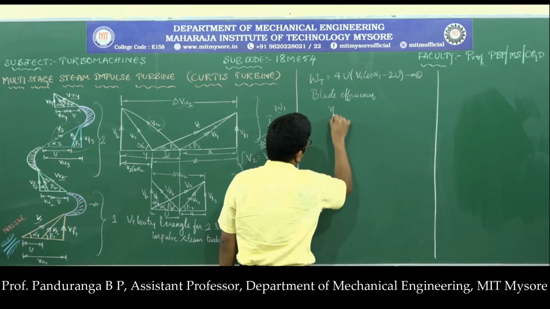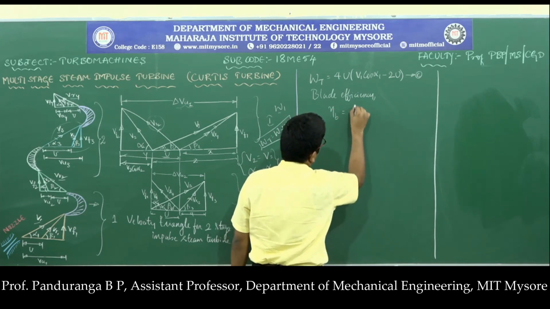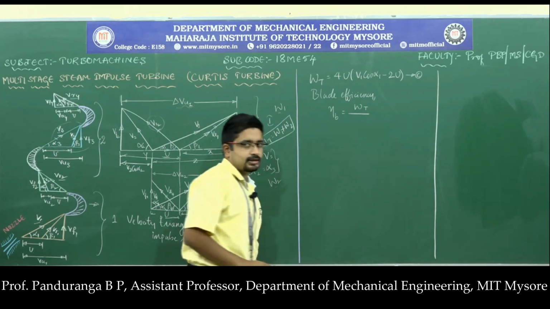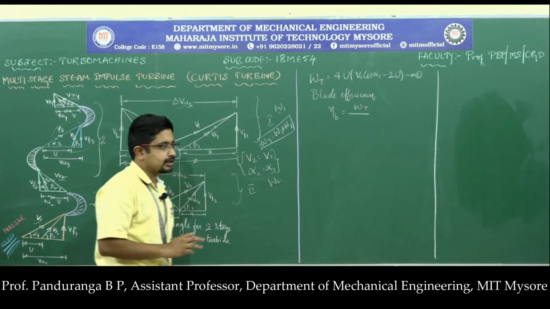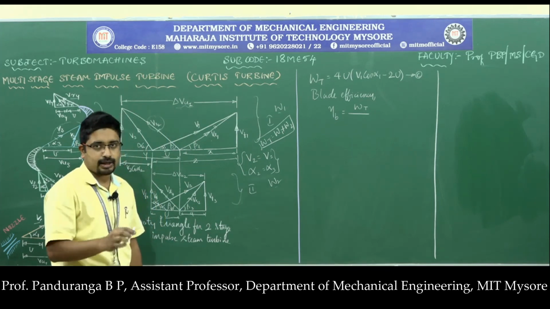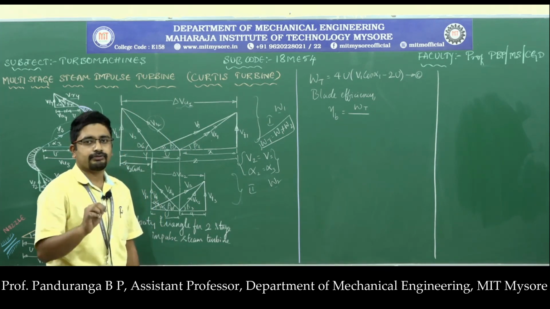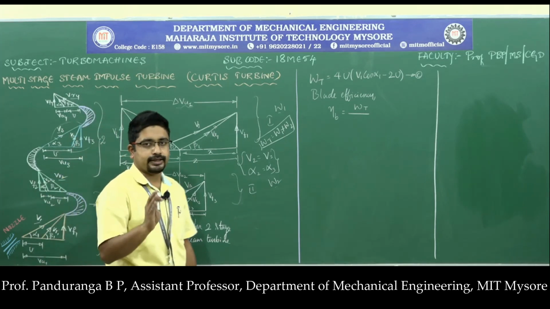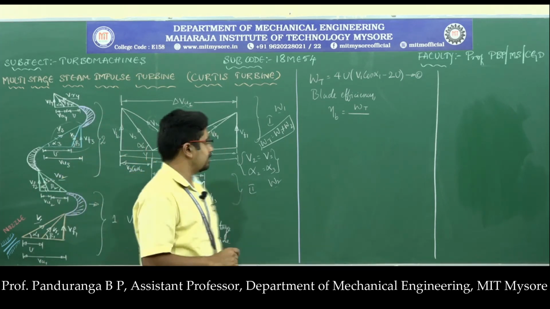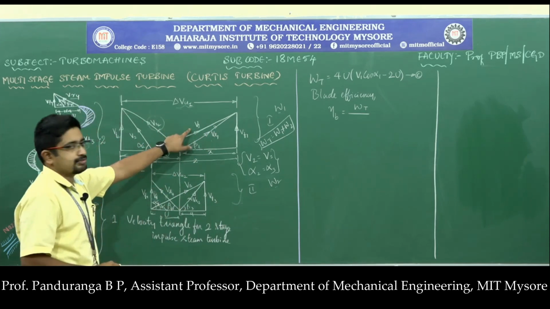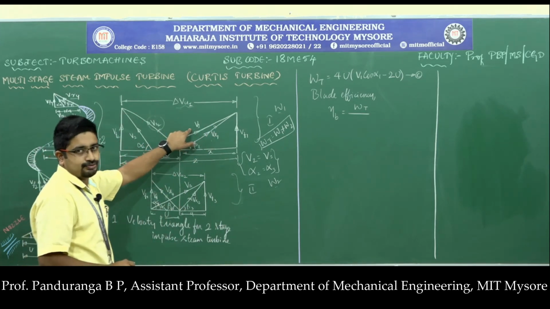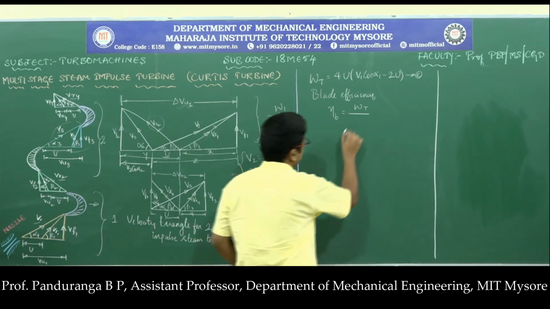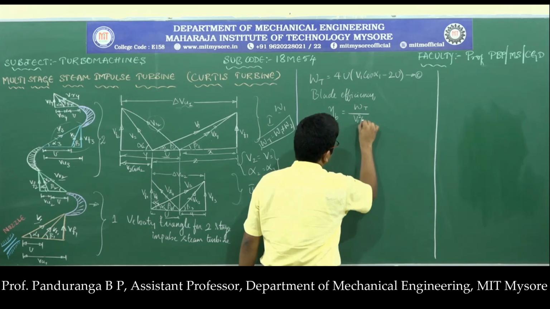Blade efficiency eta B is given by the total work done divided by the inlet energy. We are dealing with an impulse turbine, you need to remember this. Whenever we are dealing with an impulse turbine, the inlet energy will be only the kinetic energy of the fluid. So inlet energy will be absolute velocity squared by 2, per unit mass of the steam. So it is V1 square by 2.